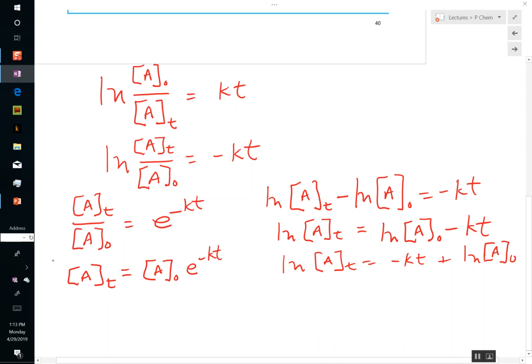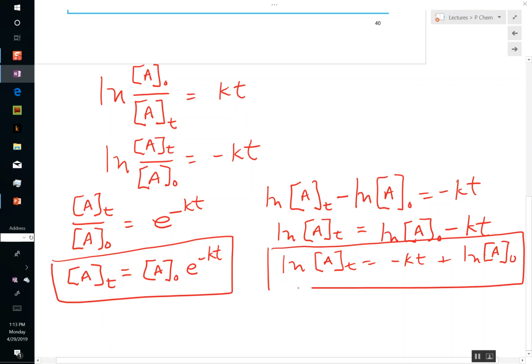Okay, so here are two other ways this reaction can be represented, or this rate equation can be represented, all coming off of the original integrated first order rate equation.